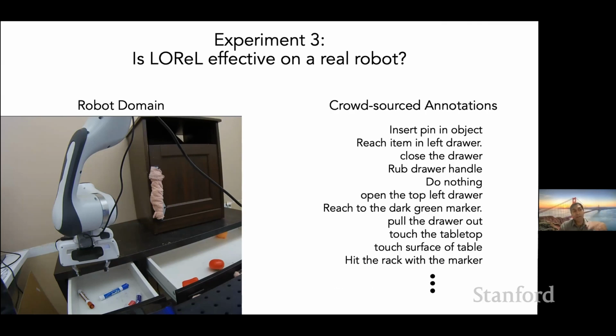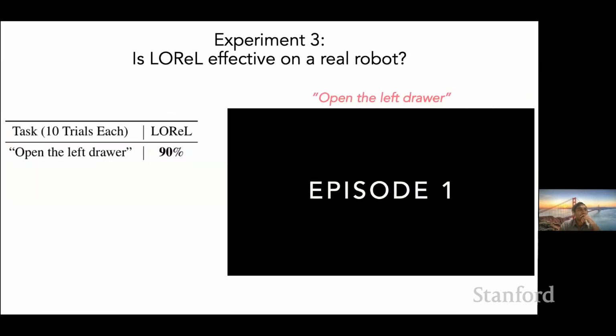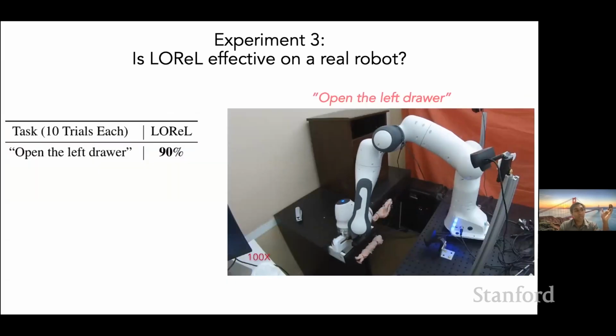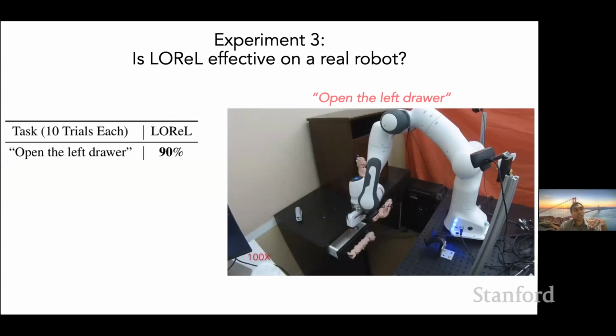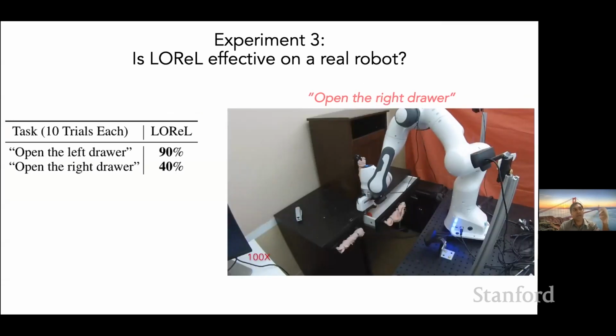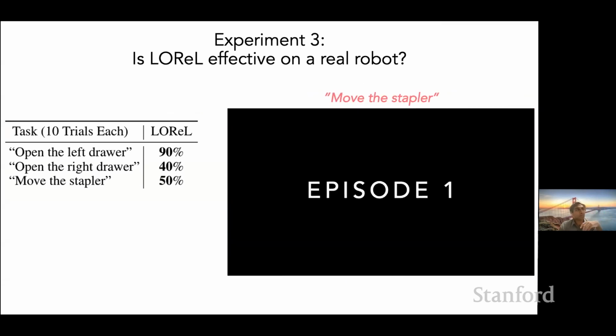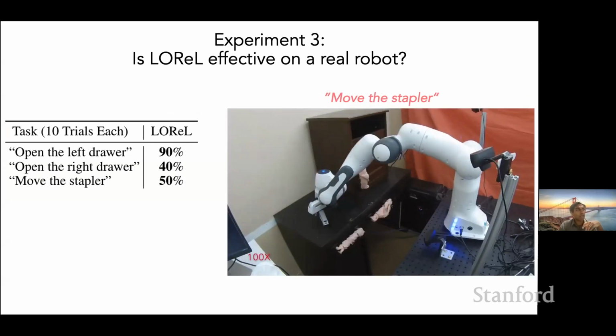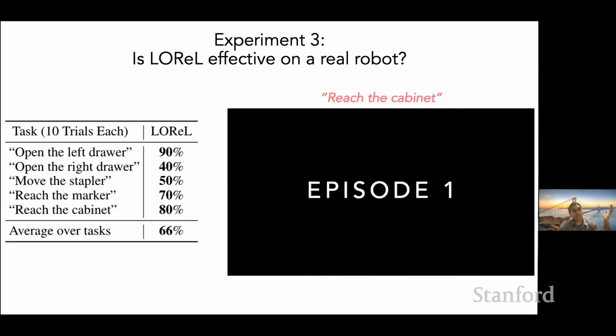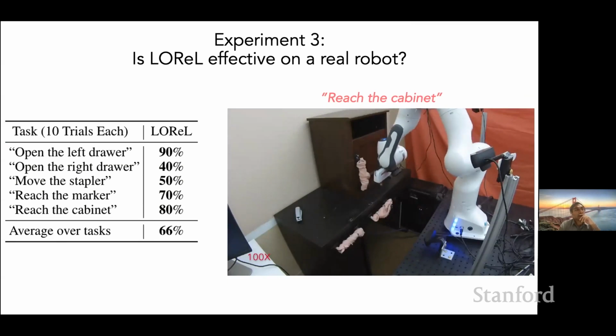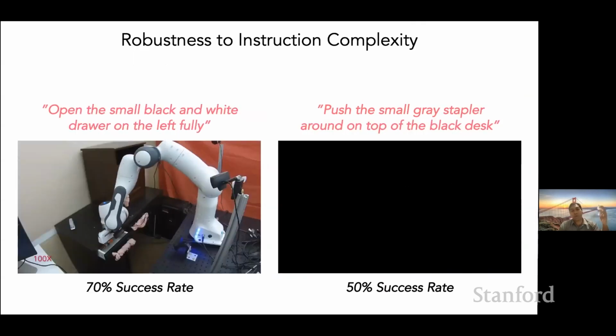And so we got a lot of very creative annotations from the crowdsourced workers, things like rub the drawer handle, hit the rack with the marker. But despite how noisy they were, we're still able to learn to specify the robot to do tasks like open the left drawer, open the right drawer, moving the stapler, and reaching the markers or reaching the cabinet, and also being robust again to different ways of rephrasing the task.